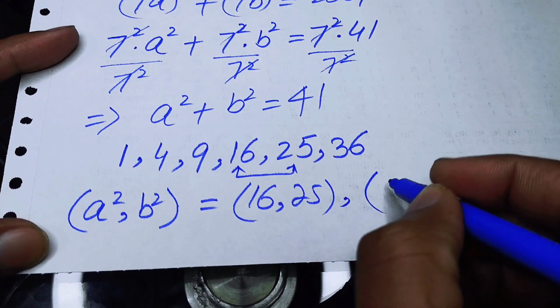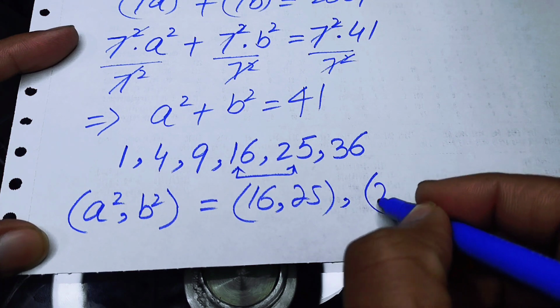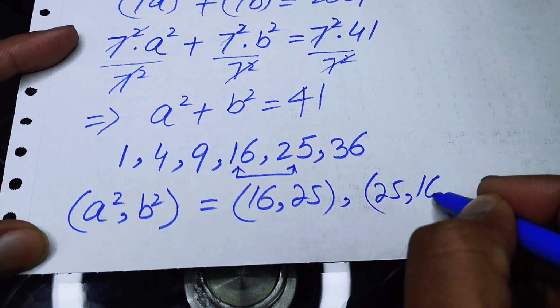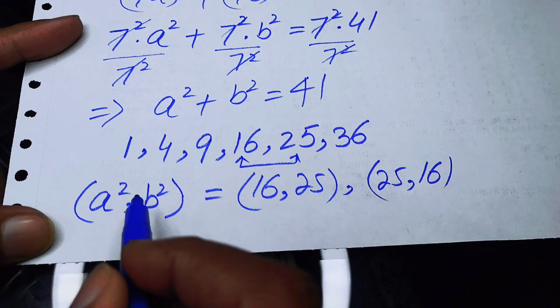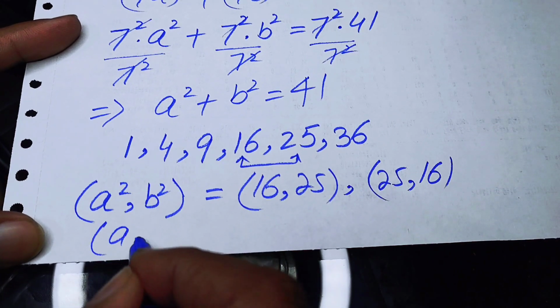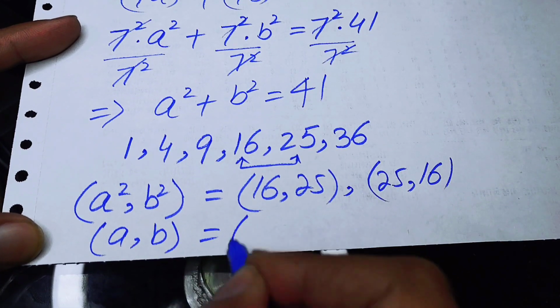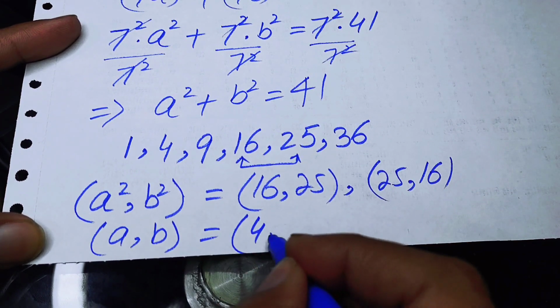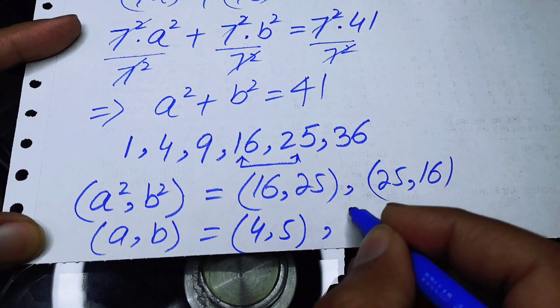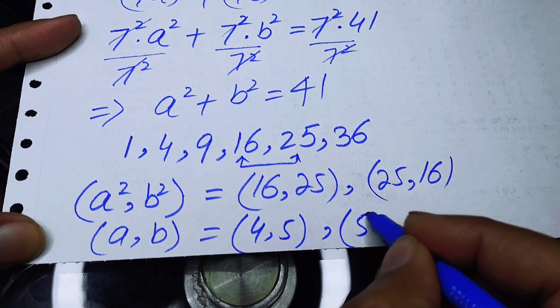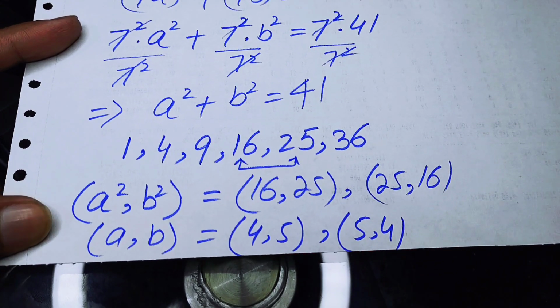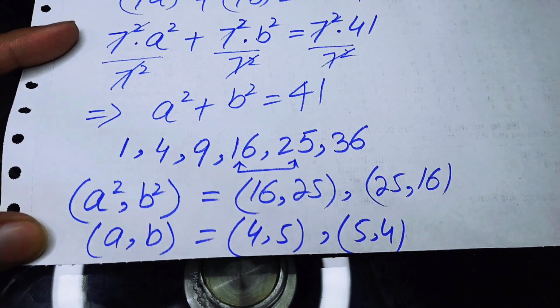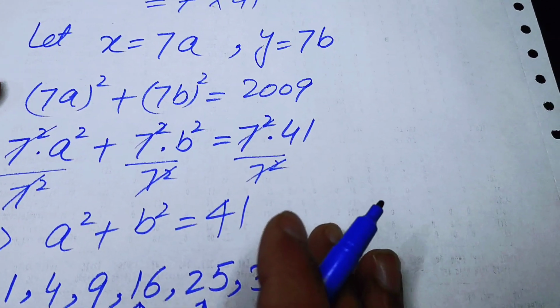When I find the values of a and b, we just take the square root on each side, so we obtain the values of a, b as 4, 5 or 5, 4. Now we move towards the solution of our given question.